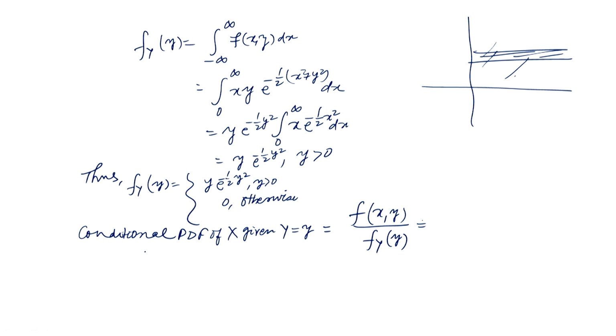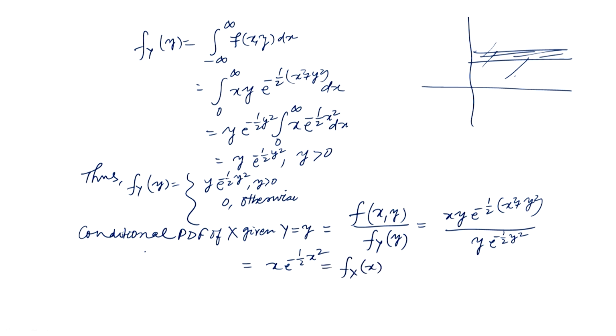So, this will be equal to x y e to the power minus half (x square plus y square) divided by f_Y(y), that is y times e to the power minus half y square, which we have found just now. So, this comes out to be x e to the power minus half x square, which is nothing but f_X(x).